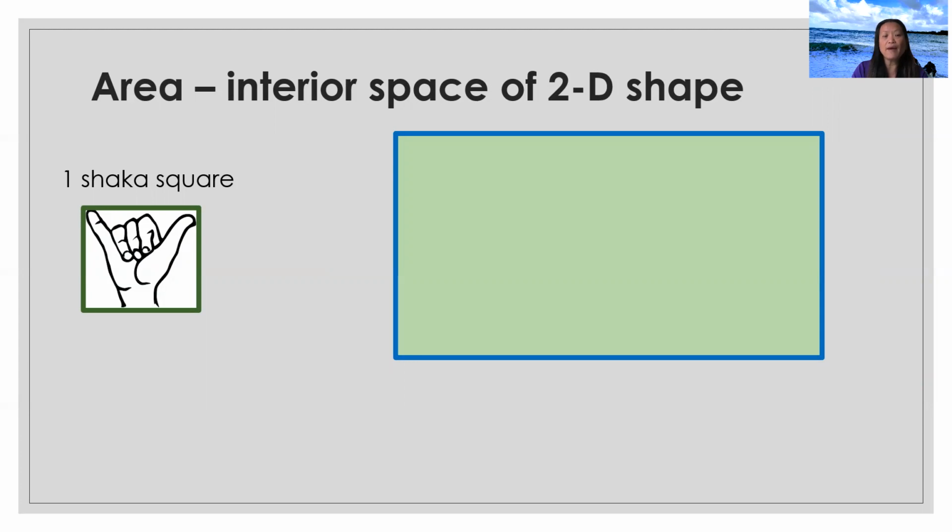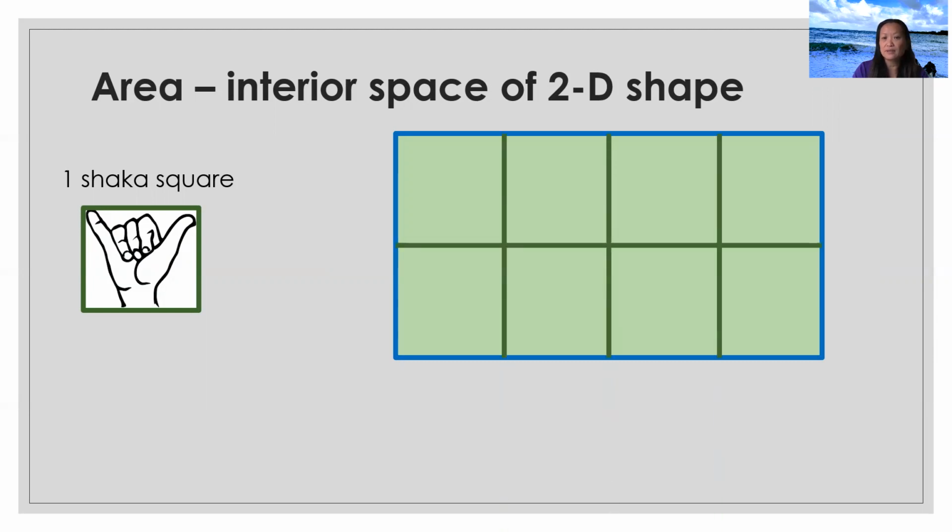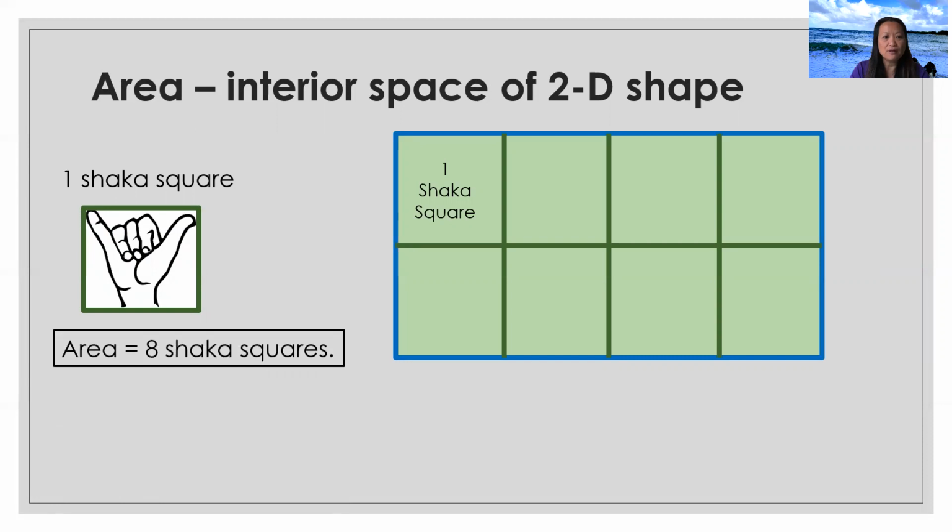So you take a look at this picture and say how many of those squares will fit inside this rectangle. Let's take a look. I'm going to draw some lines in so we can count. It looks like there are 1, 2, 3, 4, 5, 6, 7, 8 shaka squares inside that rectangle. Therefore, the area is 8 shaka squares.